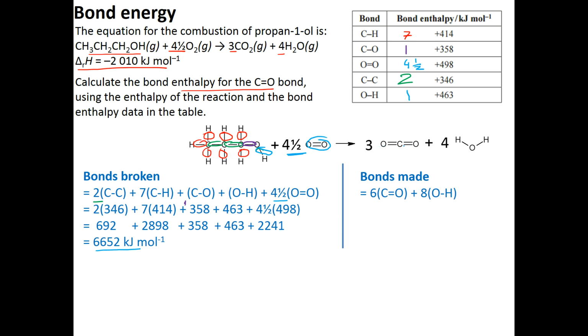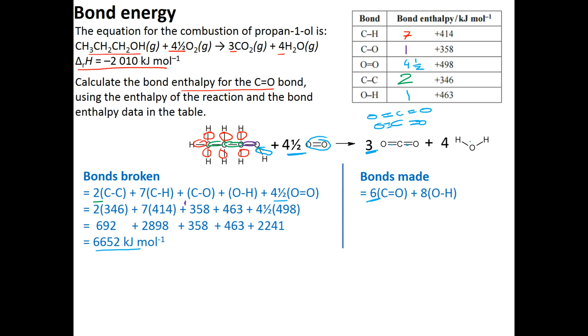Now I can do the same thing with the bonds being made. The carbon dioxide has got 2 C double bond O's, and because I've got 3 of them, it's the same as saying I have got 3 of these. So it's 1, 2, 3, 4, 5, 6. So I have 6 C double bond O's. So that's the one I have to calculate, so it's not given in the table.